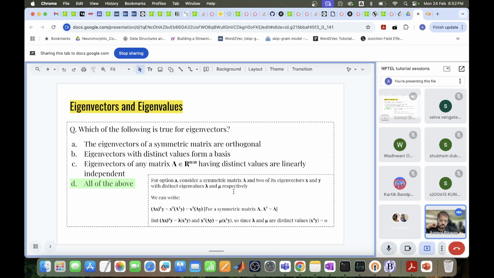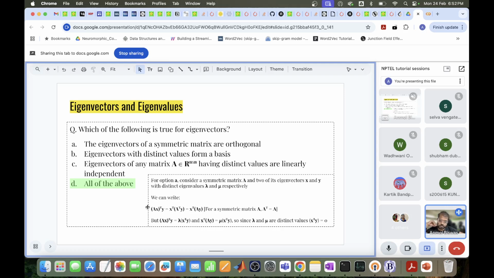So we just consider a symmetric matrix A, so A transpose is equal to A, and we consider two eigenvectors x and y with distinct eigenvalues, right? The eigenvalue corresponding to x is lambda, and the eigenvalue corresponding to y is mu.